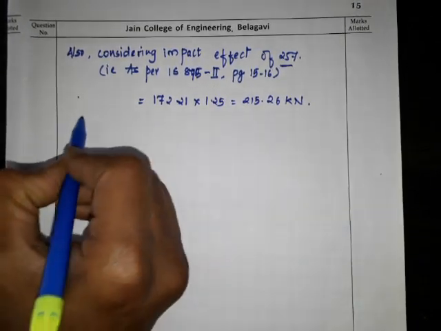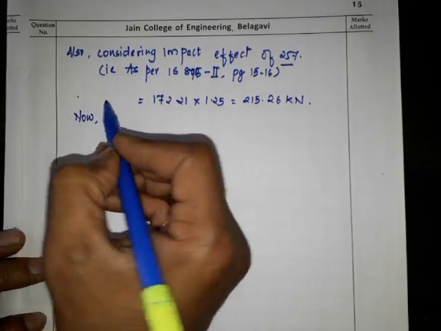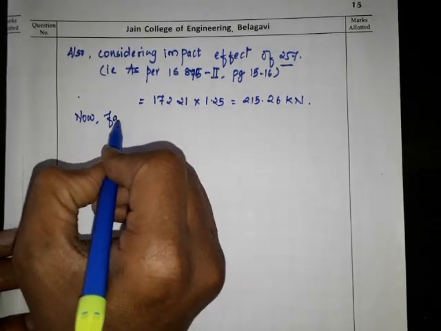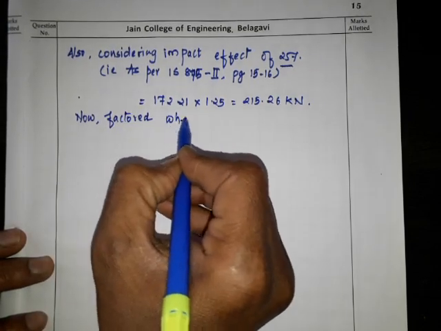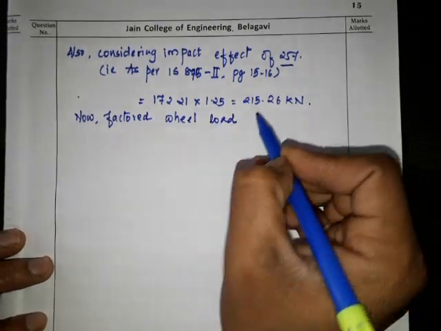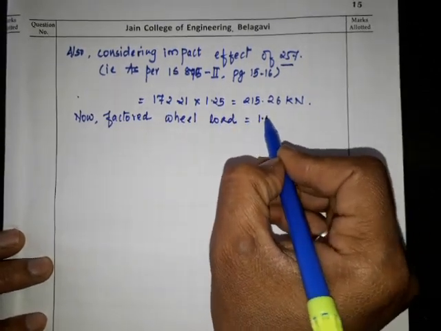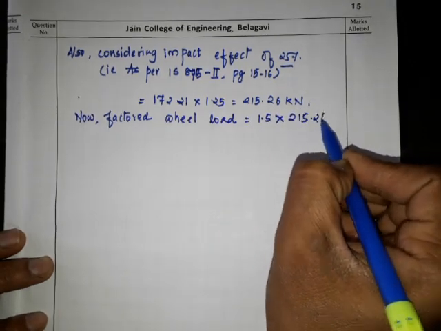Now again, the factored wheel load will be the factor of safety 1.5 into this.